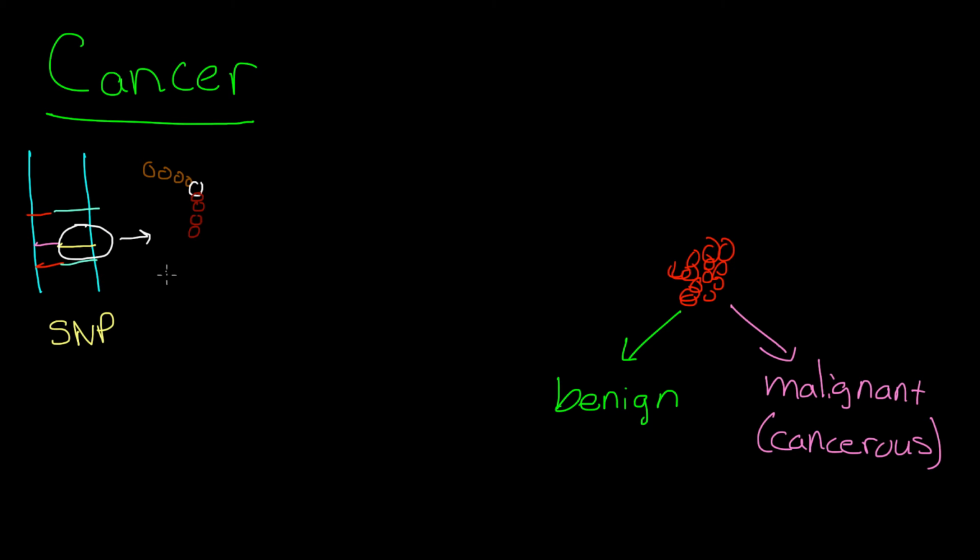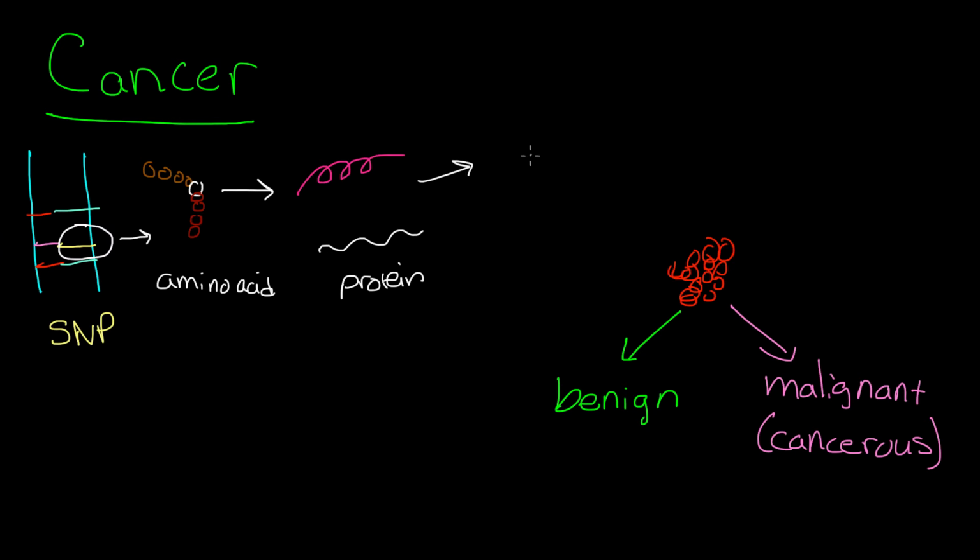So now our amino acid is also incorrect, and if our amino acid is incorrect, then maybe our protein is deformed. Maybe our protein looks like this right here, but it was actually supposed to have a different shape, something like this. These are just hypothetical shapes, but if it is a different shape, it won't be able to do the same function that it was supposed to do.